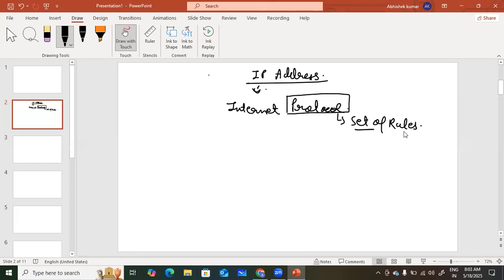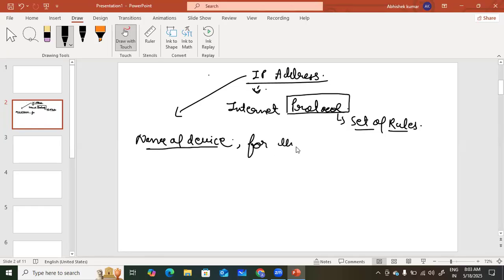Protocol means set of rules. Now, what is exactly an IP address? An IP address is just a name of a device, which is used for communication.